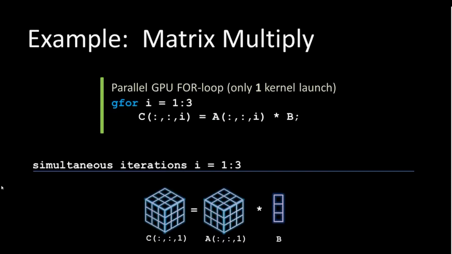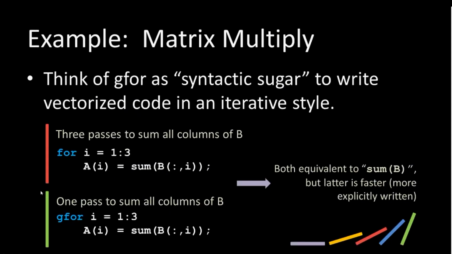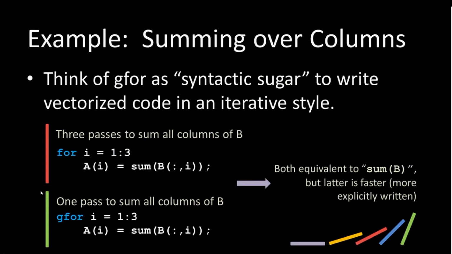Again, the only difference in the way you write the code is that you put the G in front of the for, but underneath the hood, the problem is constructed in such a way that you can get all of the data computing simultaneously, and it ends up with the same numeric answer as you would have otherwise, but through a very different computational path. You can think of GFOR as syntactic sugar to write vectorized code in an iterative style.